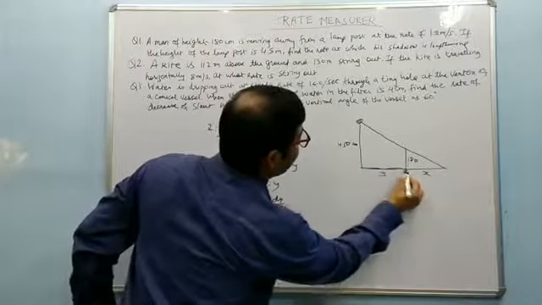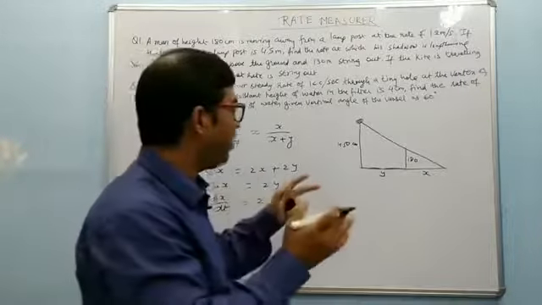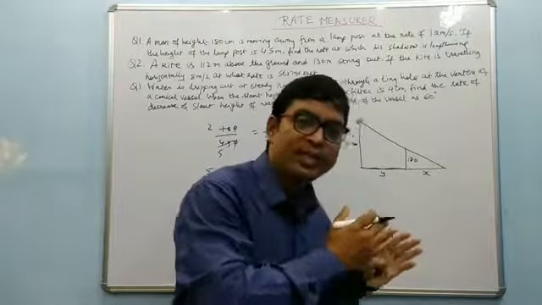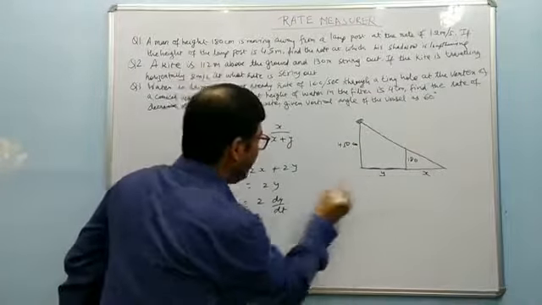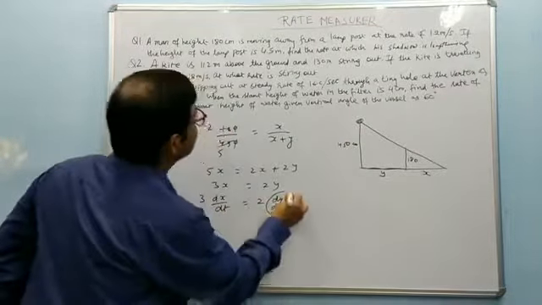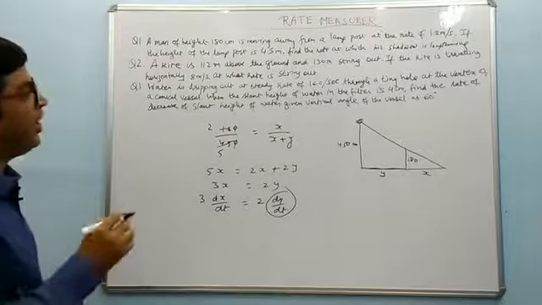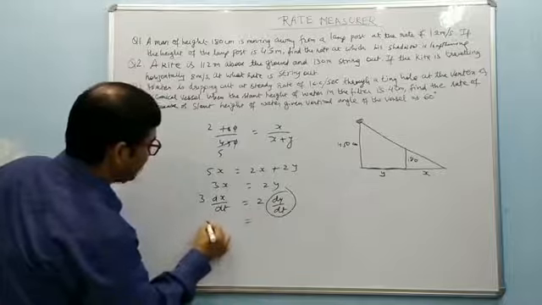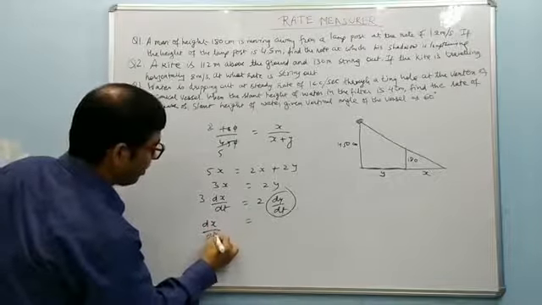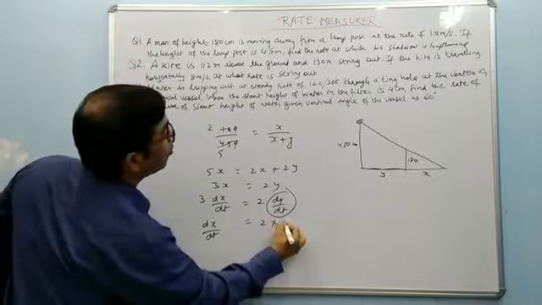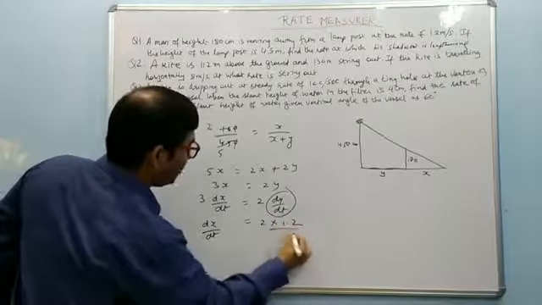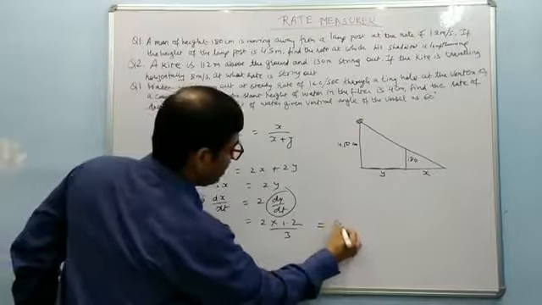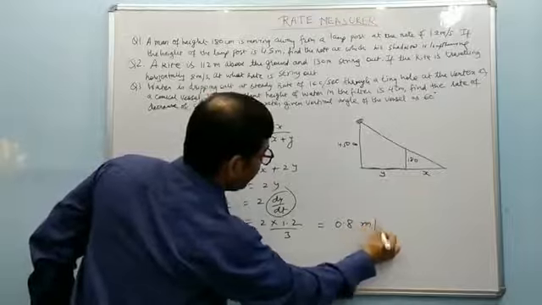Moving away means the distance of the man from the lamppost is changing. So actually dy by dt is given and that is 1.2 meter per second. So dx by dt is 2 into 1.2 by 3. That is coming out to be 0.8 meter per second.